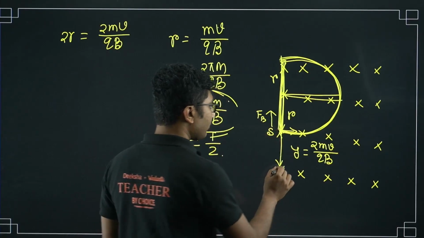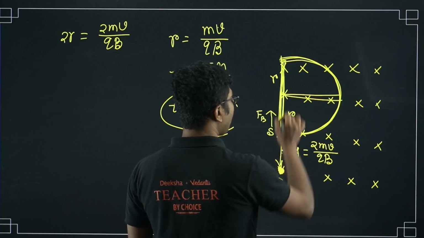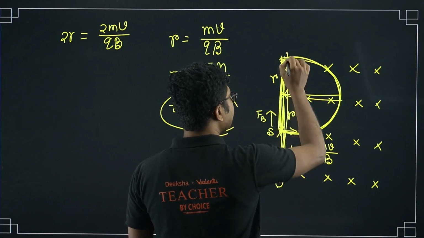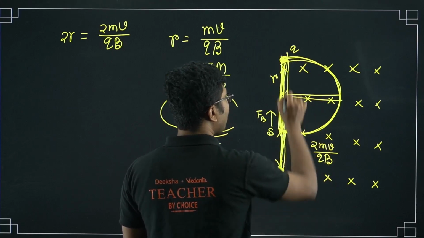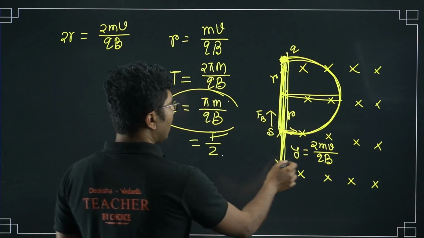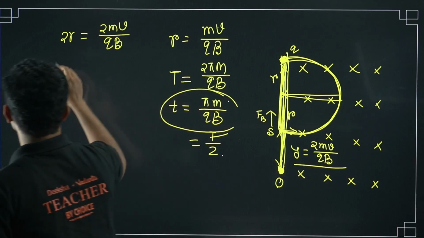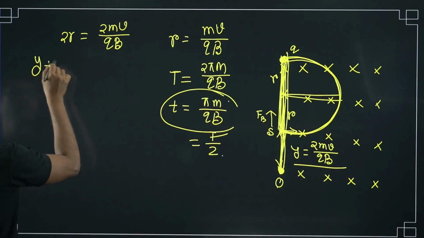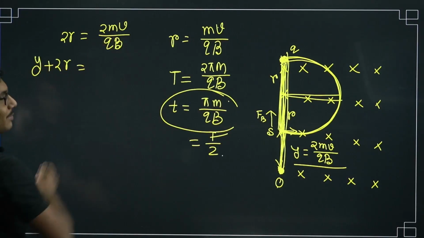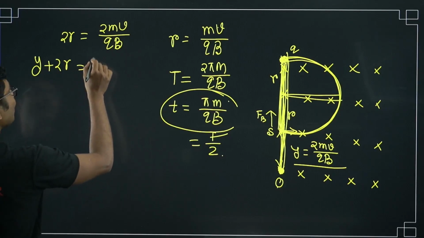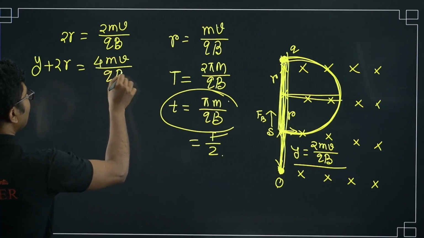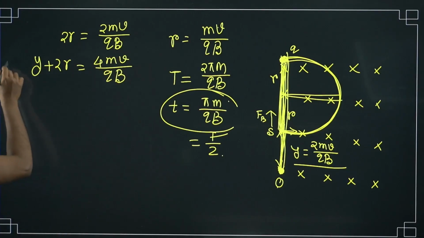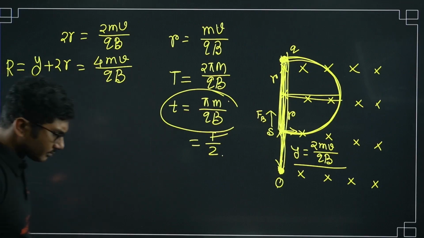Now what is the distance from the origin? The distance from the origin of the charge q is y plus 2r. Now y is also 2mv by qB. So 2mv by qB plus 2mv by qB, that is 4mv by qB, is the total distance.